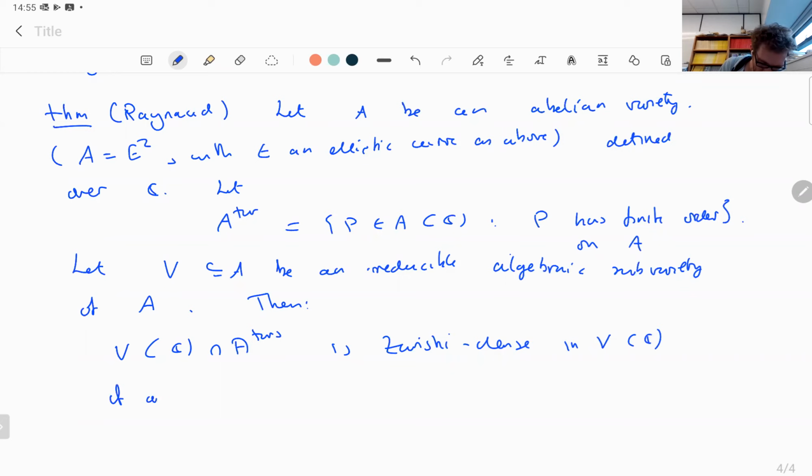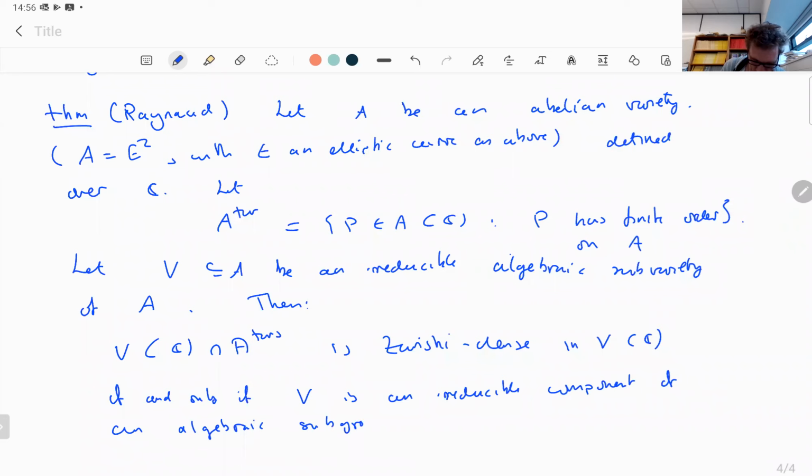if and only if V is related to the group structure of A. So if and only if V is an irreducible component of an algebraic subgroup of A. So what it's saying is that the only way you can get Zariski dense torsion is the way that you get Zariski dense torsion.